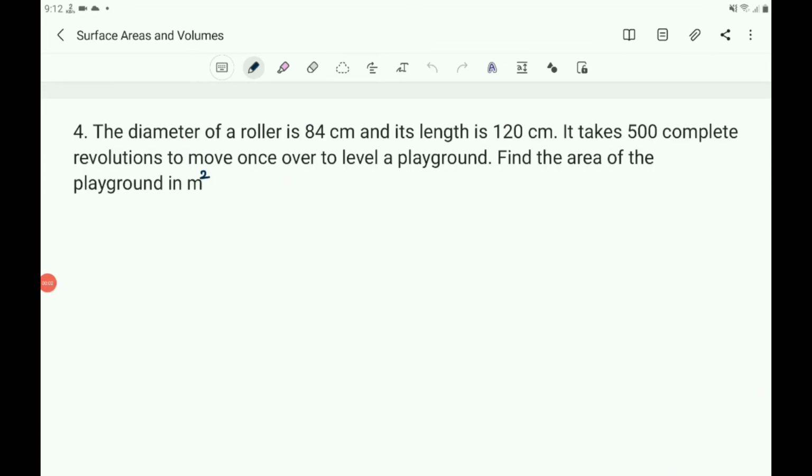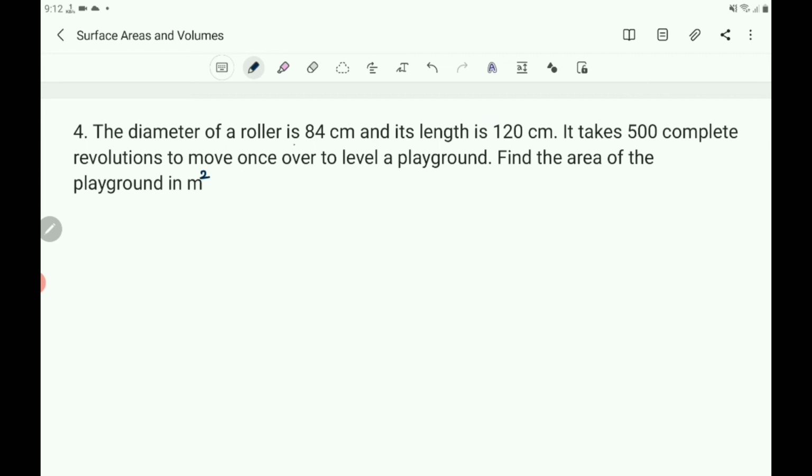Now the fourth question. The diameter of a roller is 84 centimeter and its length is 120 centimeter. It takes 500 complete revolutions to move once over to level a playground. Find the area of the playground in meter square. Here what is given?